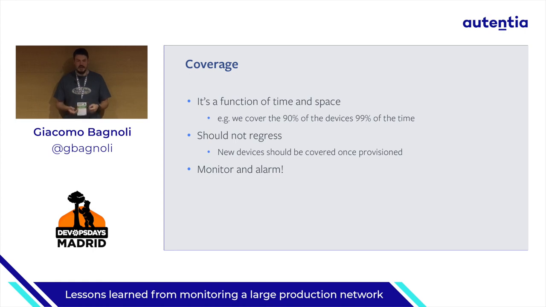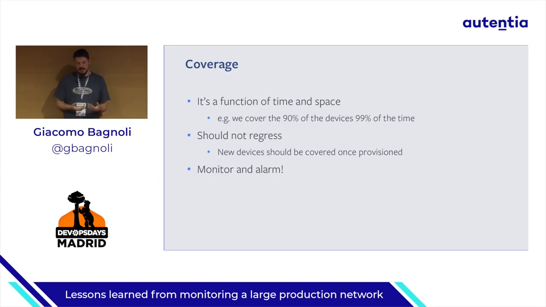Coverage is slightly different from availability, because availability is part of it, the time function. If your tool is down, there's no coverage, right? If I cover 90% of the devices, but only 10% of the time, I don't cover 90% of the network. It's a function of both, right?